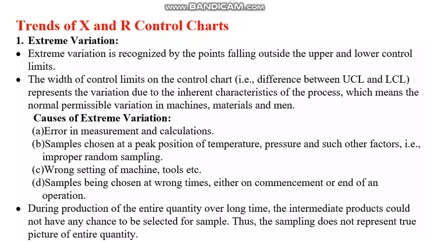Then wrong setting of the machine or wrong setting of the tools can be one cause. Then samples being chosen at wrong times. Wrong times means either at the commencement, the beginning, or the end of an operation, if you are selecting at that time.